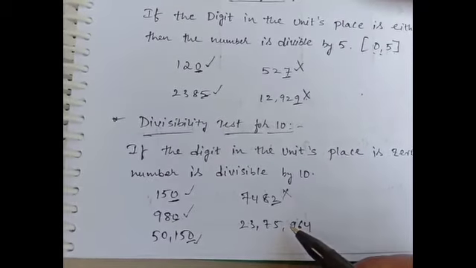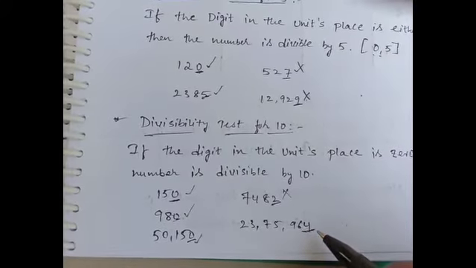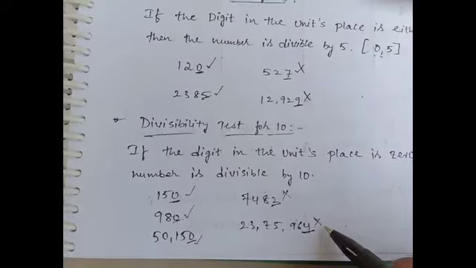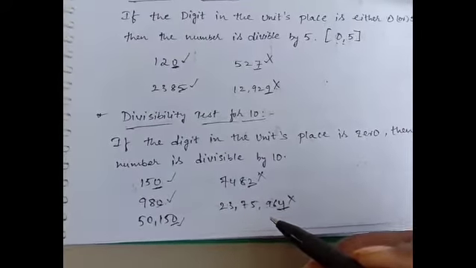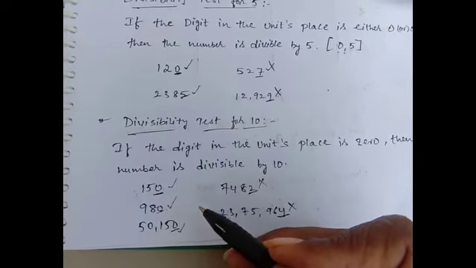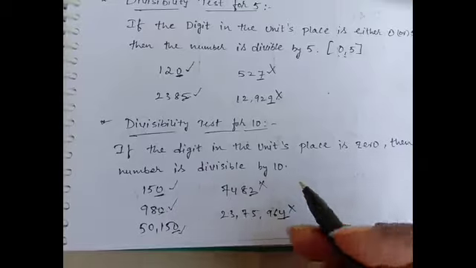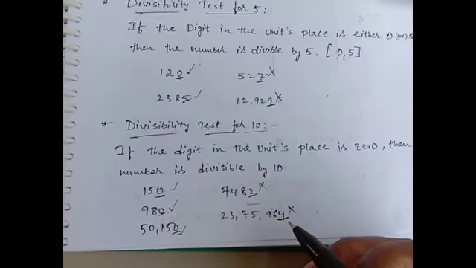Here also the unit digit is 4, and hence this number is also not divisible by 10. How big the number may be, you just concentrate on the unit digit. If the unit digit is 0, then that number is divisible by 10, and if not, then that number is not divisible by 10.